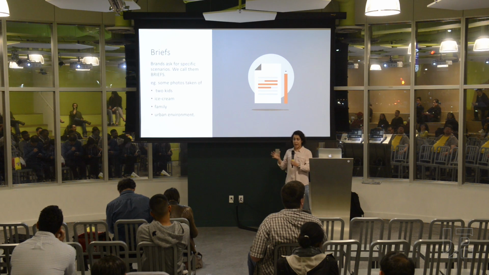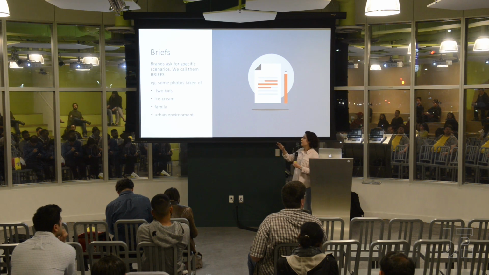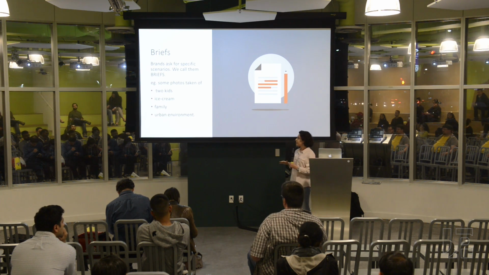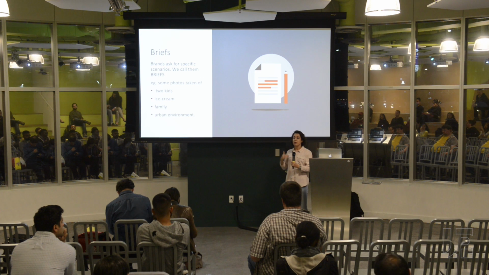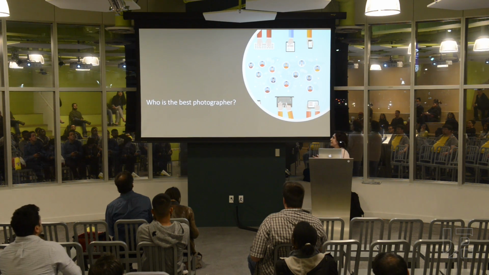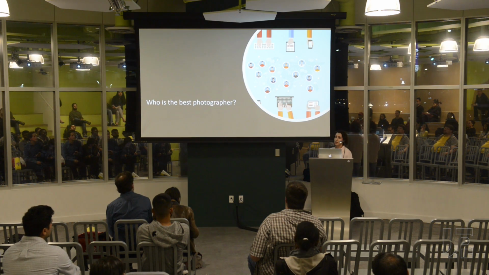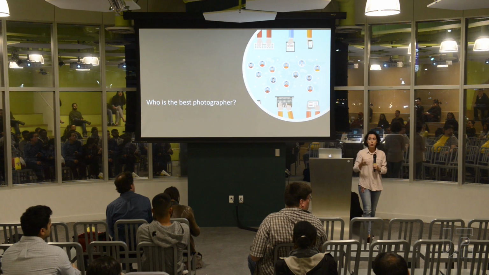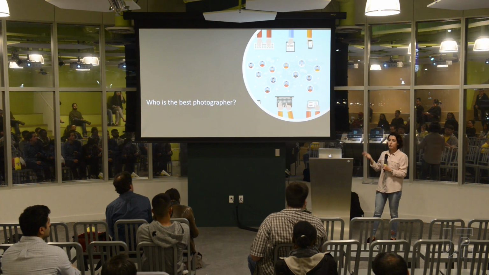That contributor should have access to people of different ages and should be able to shoot in an urban environment. These are the data points we care about when we want to pick people for this kind of brief. So the business question here is: when we have a huge network of photographers, who is the best one for that brief?